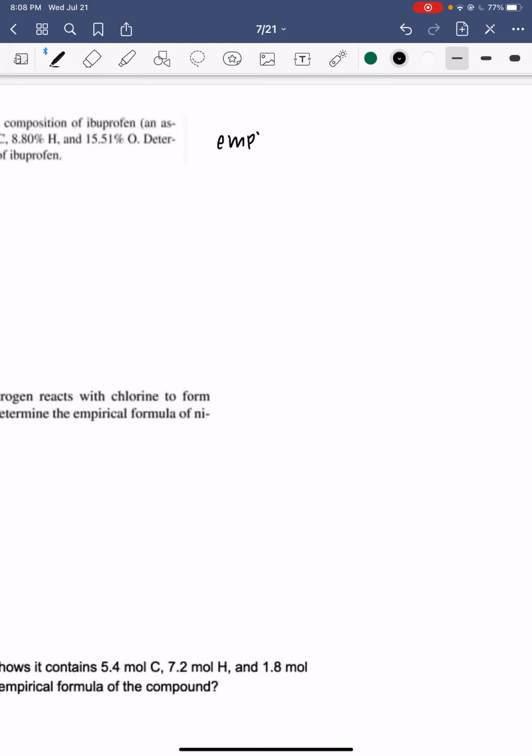Basically, an empirical formula is the simplest whole number, it's really important, ratio of elements.